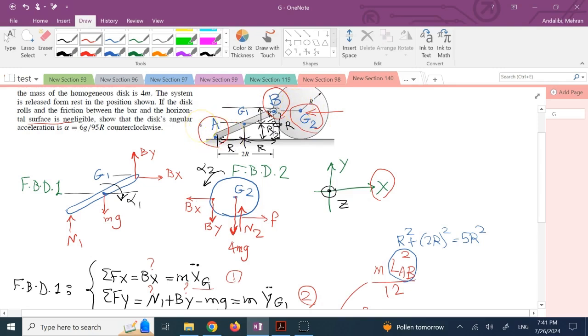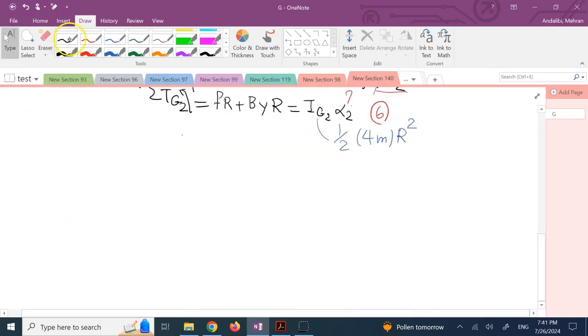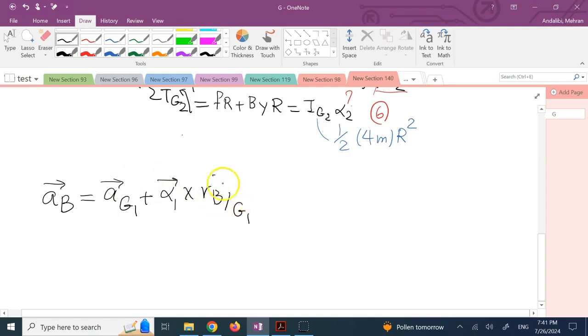And then we also will visit point A. So first, let's go to the fact that B belongs to both of the rigid bodies, see what that gives us. So we say that acceleration of B, whatever it is, I can find it through point G1 plus alpha of member 1 cross r of B with respect to G1, and then minus omega of member 1 squared r of B with respect to G1.